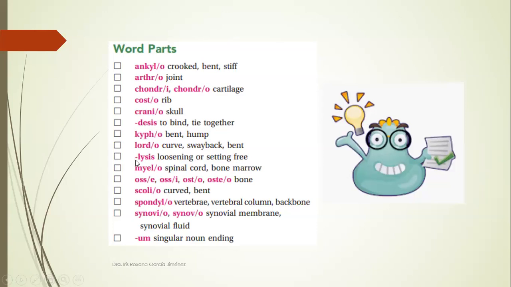Again, a hyphen, we have this hyphen and it's a suffix, lysis, loosening or setting free. Myelo, spinal cord, bone marrow, of course. Again, oste, osteo, bone; scolio, curved, bent; spondylo, vertebra, vertebral column, backbone. We have the meaning here. Synovio, synovial membrane, synovial fluid, of course; and a hyphen, ium, singular noun ending. We were talking about it, okay? Consider these word parts for catching the meanings, the anatomical terms, of course, and some pathologies.